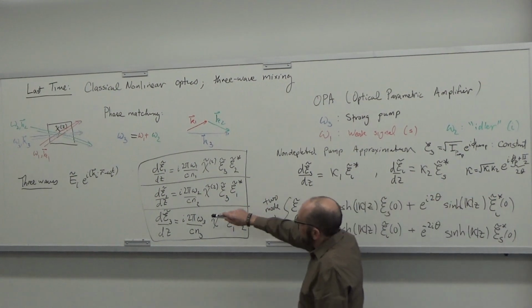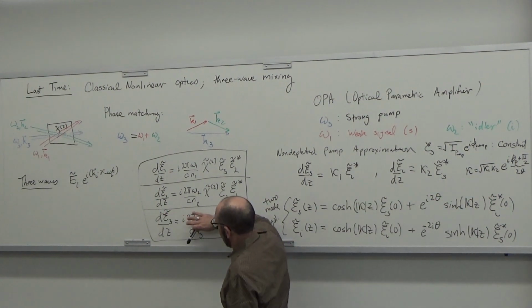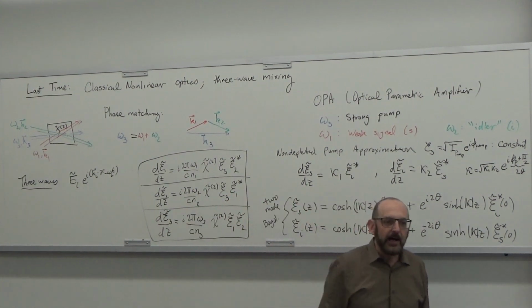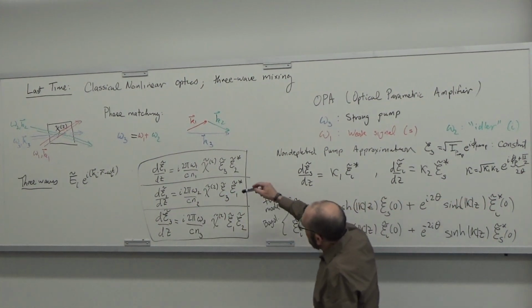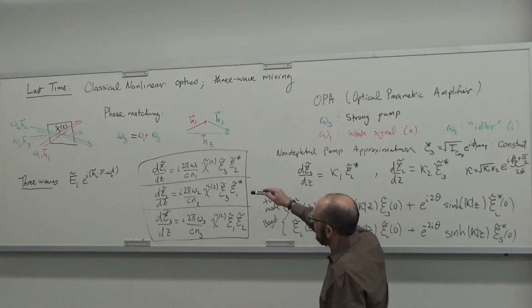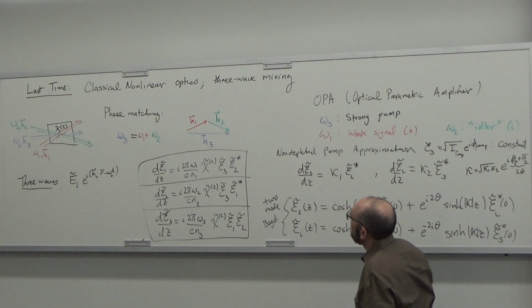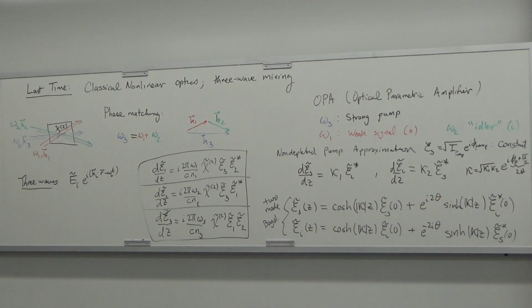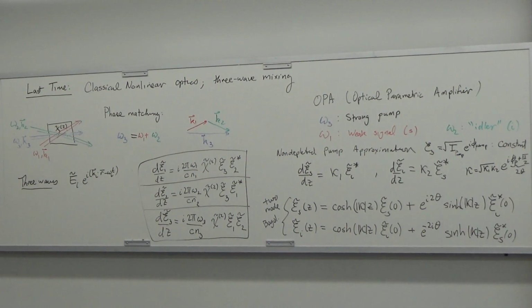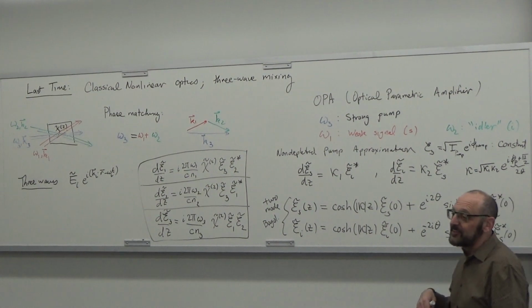We treat this as a constant, and we just set this equal to 0, and this amplitude we take to be constant, related to the incident intensity and phase of that pump. And then we get a coupled set of linear ODEs for the two modes, which we call the signal and the idler.